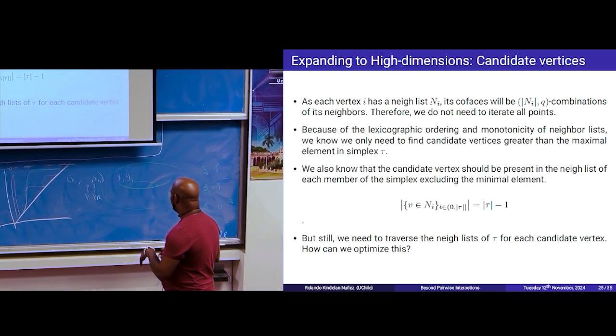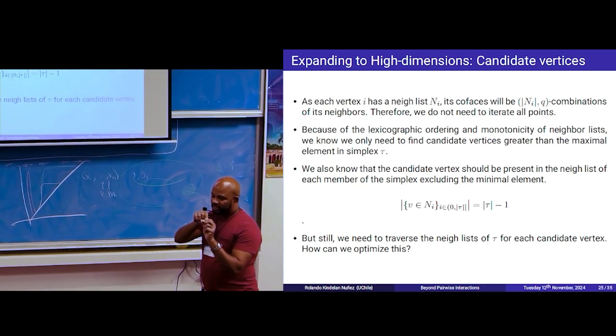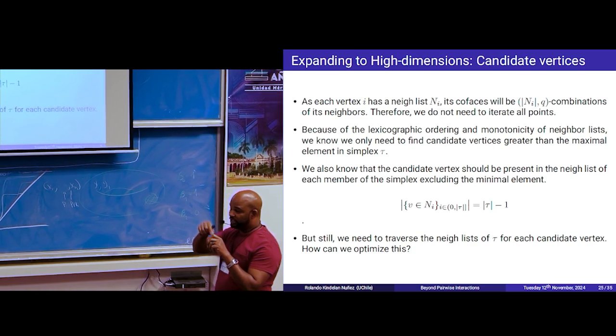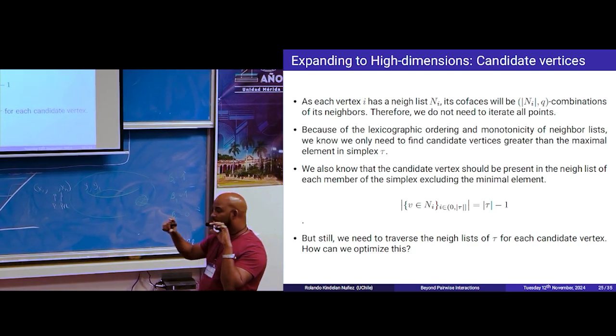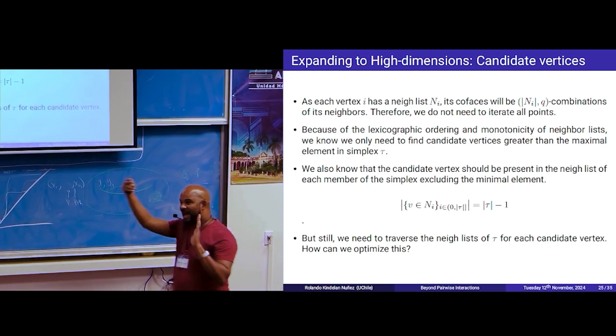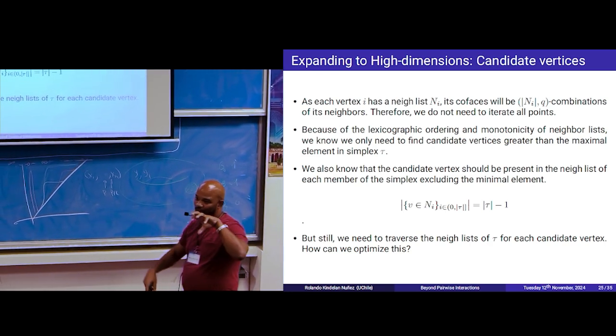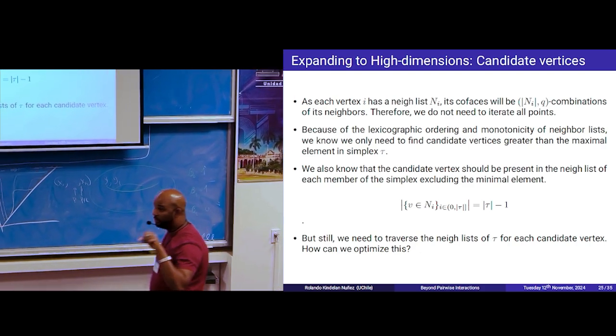Because you find new vertices considering the first element of your simplex, and because your simplex is sorted lexicographically, you know that you need to check only elements higher than the maximal element, so you find those elements in the list of the first element of your simplex.